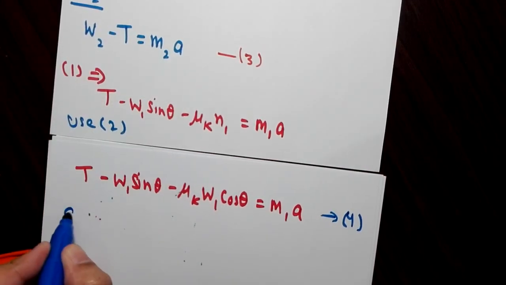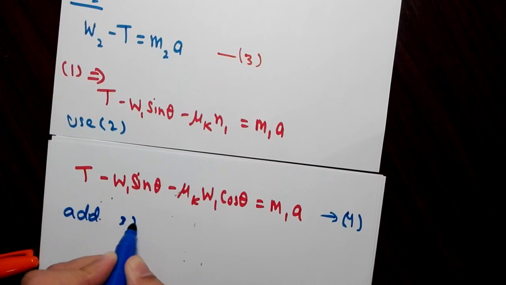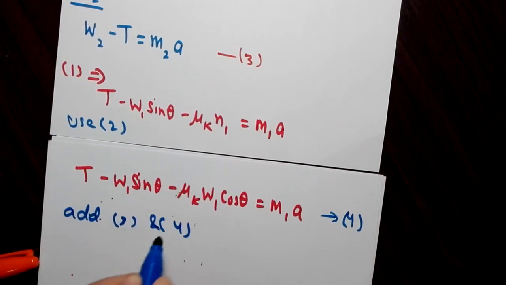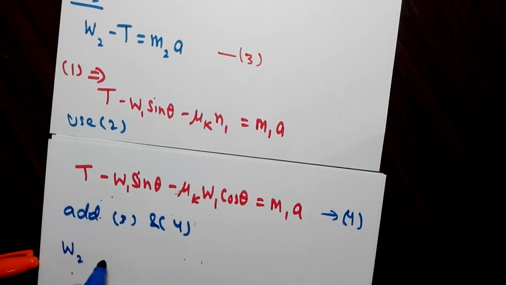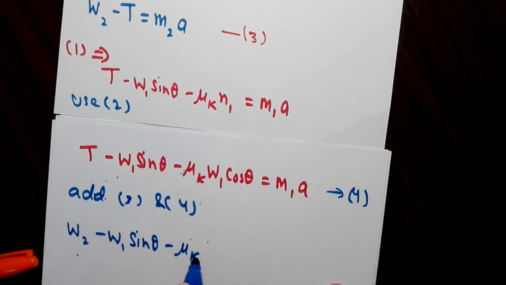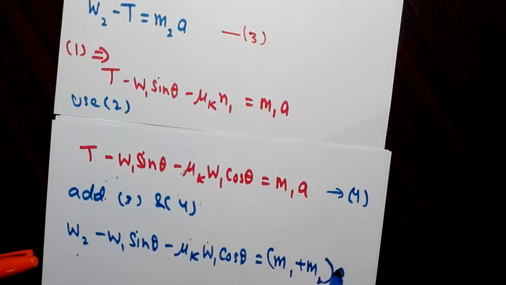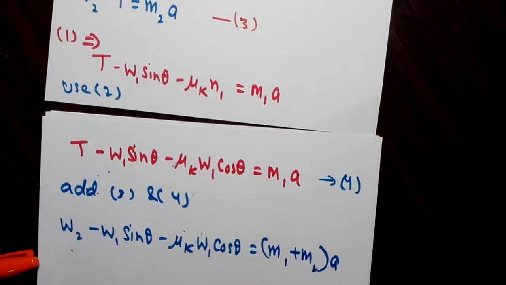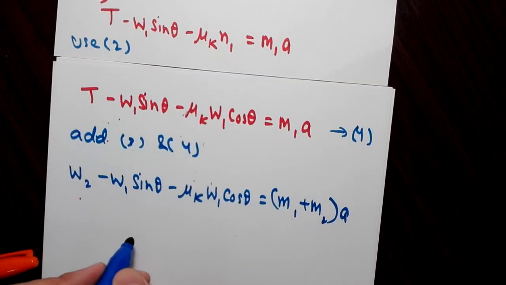So when you do that, you get W2 minus W1 sine theta minus mu k W1 cosine theta equals M1 plus M2 times a. Now we can divide both sides by M1 plus M2.